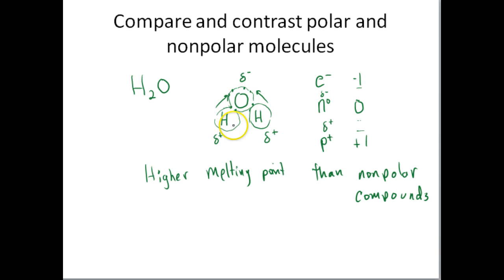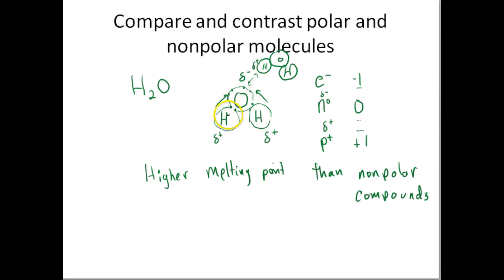Because one water molecule can interact with another water molecule. It's got this charge it can grab onto. So if you have a neighboring water molecule over here and the hydrogen from a neighboring molecule over here, it can interact with the partial positive on this hydrogen, and it can hold on to it a little bit, right?